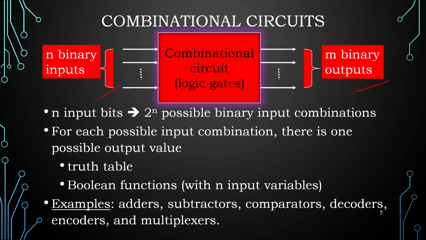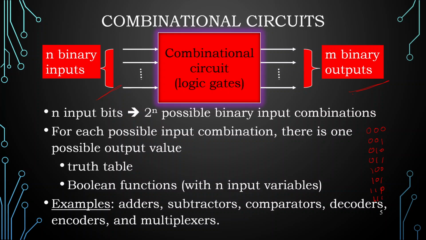With n inputs to the circuit, there are 2 power n possible input combinations. Suppose I have 3 inputs, I can give them as 000, 001, 010, 011, 100, 101, 110, 111.